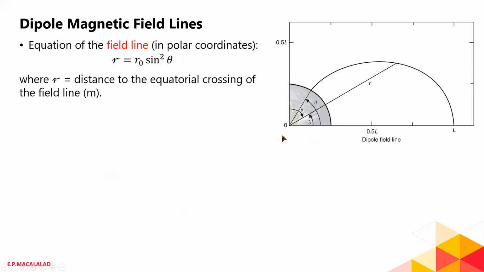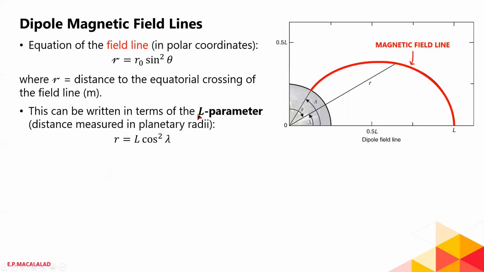So this line is approximated by this equation. But usually, because of the large distances that we're talking about, thousands of kilometers, we express this in terms of what we call the L parameter, which is measured in planetary radii.